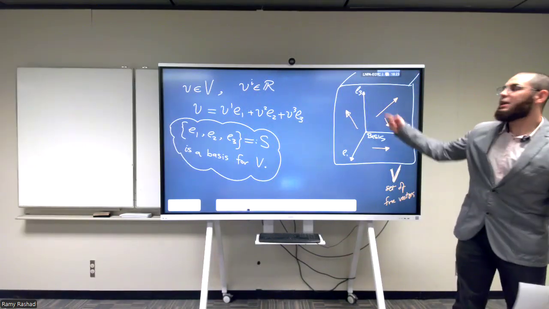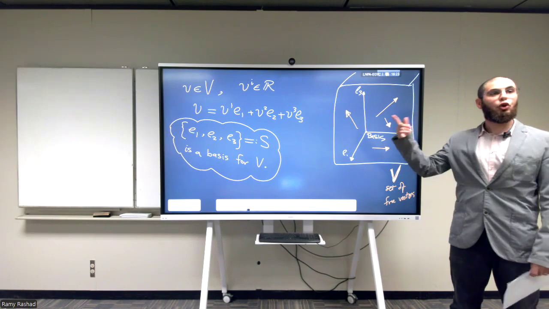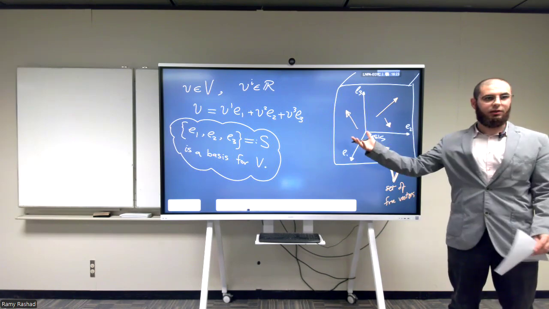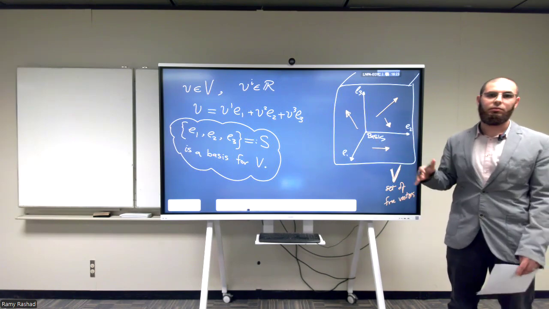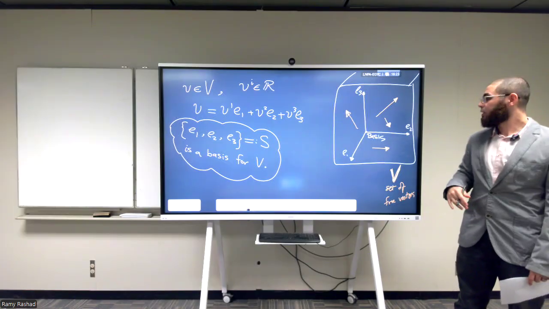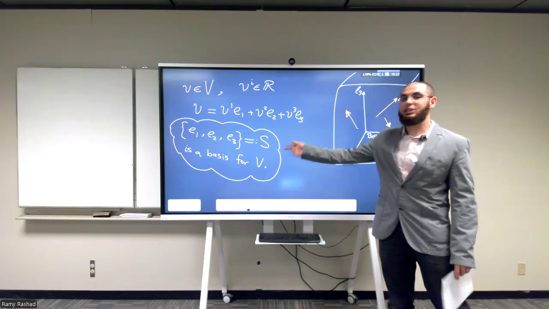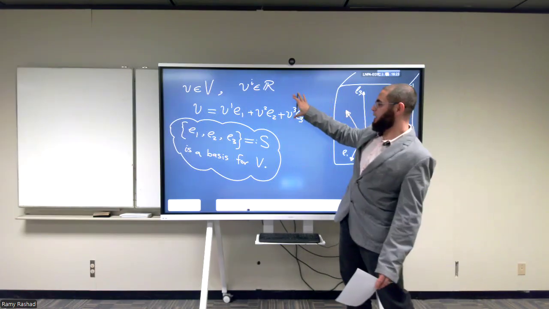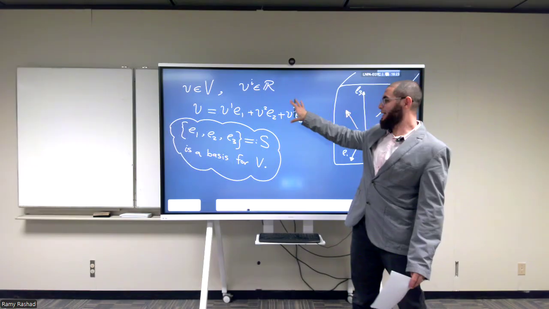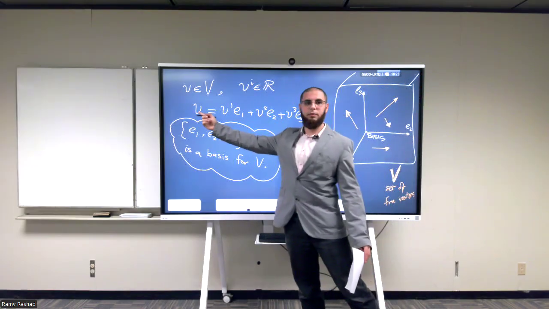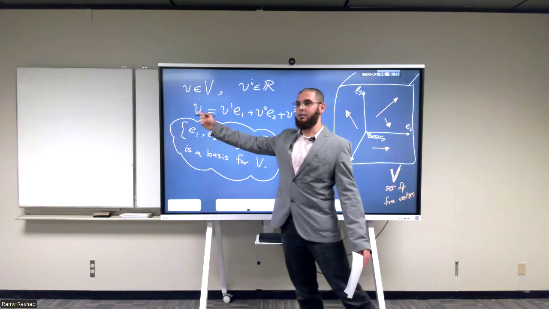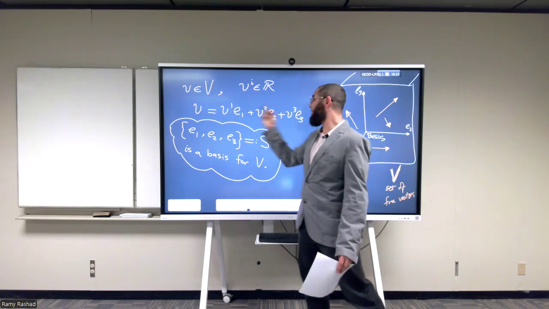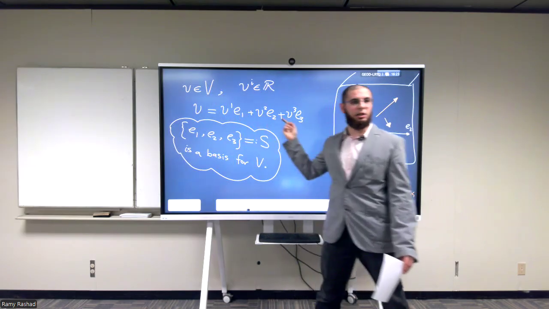Now, are these three linearly independent? If you take these three and go back to the check that we did, you'll see that it is true, abstractly. Do these generate V? If you go back to the conditions, this equation says that all vectors in the capital V in this space can be written as a linear combination like this.